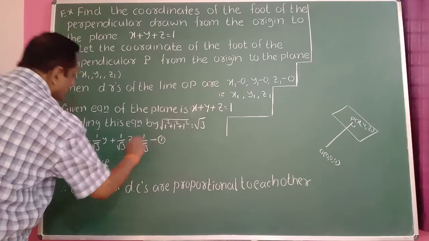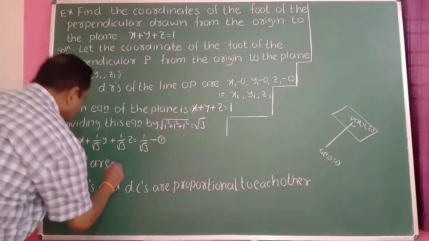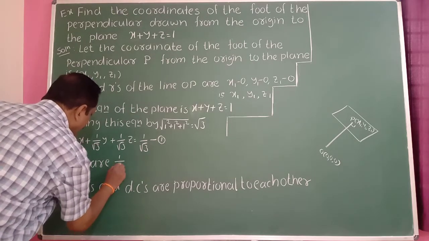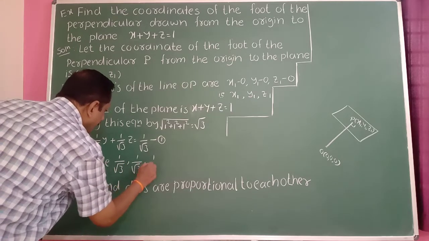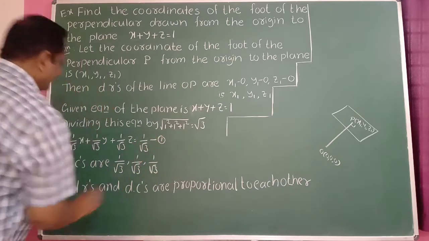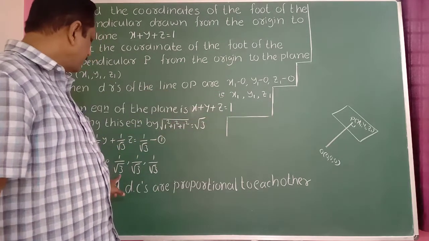Take this as equation number 1. These are the direction cosines: 1 by root 3, 1 by root 3, 1 by root 3. And these are direction ratios and these are direction cosines.